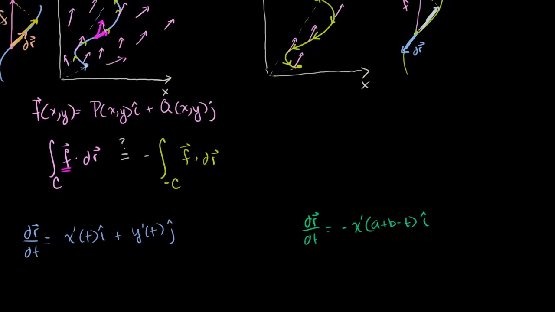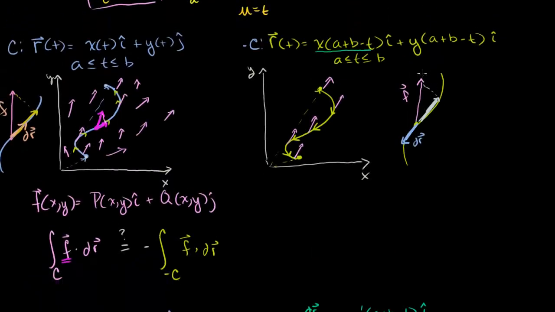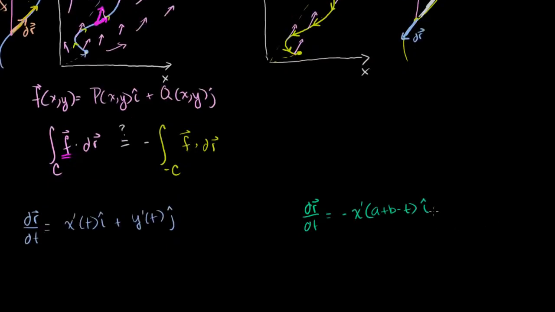And then same thing for the second term. The derivative of y of this term is the derivative of the inside, which is minus 1, times the derivative of the outside with respect to the inside, which is y prime of a plus b minus t. So this is going to be minus 1 times y prime of a plus b minus t times j. So this is dr/dt in this case. This is dr/dt in that case.